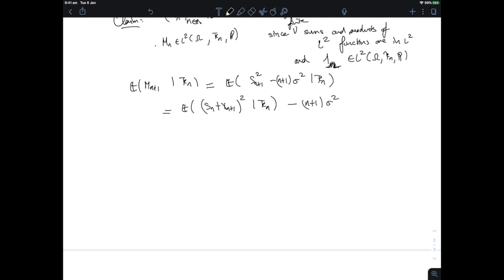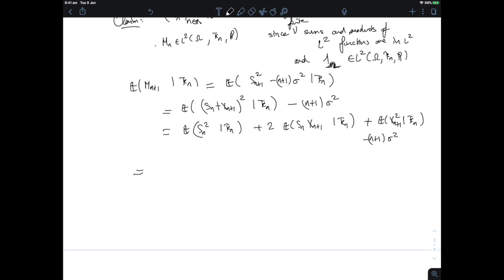That's because the conditional expectation of the indicator function of omega is just 1. So expanding this, I get the expectation of Sn squared given Fn, plus 2 times the expectation of Sn times xn plus 1 given Fn, plus the expectation of xn plus 1 squared given Fn, minus n plus 1 times sigma squared.